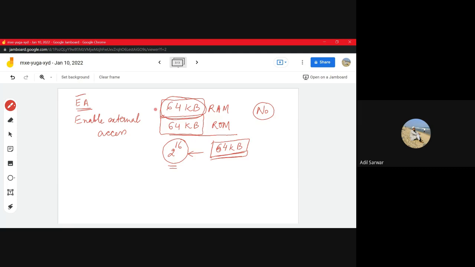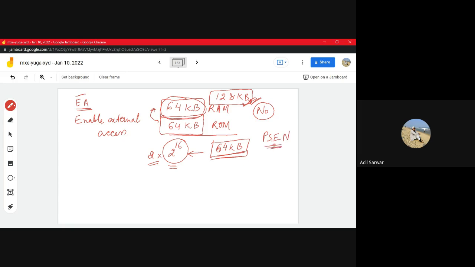We cannot use 64 kB of RAM and 64 kB of ROM at the same time, because they add up to 128 kB memory space. That would require one more address bit for accessing this much memory. But I will tell you there is one pin which is called PSEN. I will come to that.